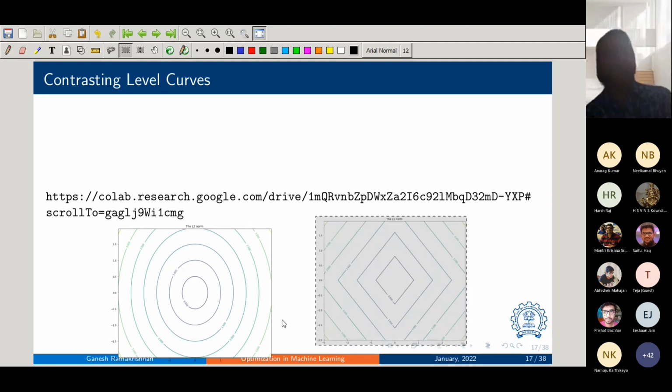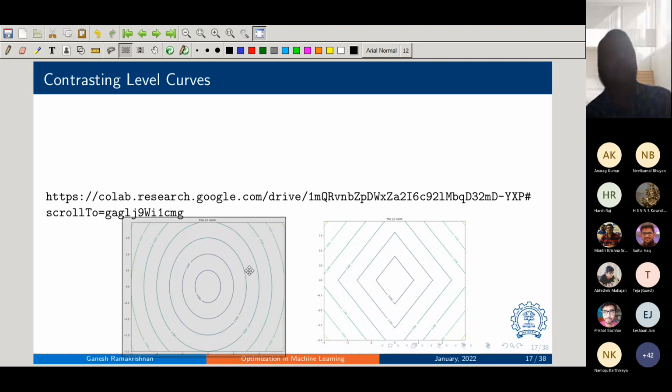Actually, it also depends a bit on the data set. If some of the features are indeed meaningless or redundant, say I have one feature and another copy of the same feature, or a scaled version of it, a linear combination of the two features, then when you take a mixture of the two norms, lasso will start dominating, because lasso will make a difference with redundancy. But if there's no redundancy at all, it will almost be dominated by the L2 norm.